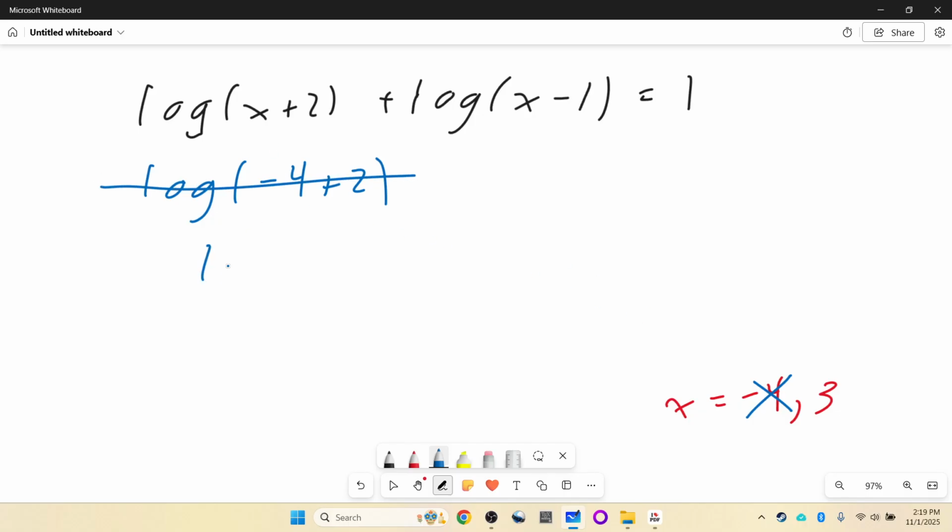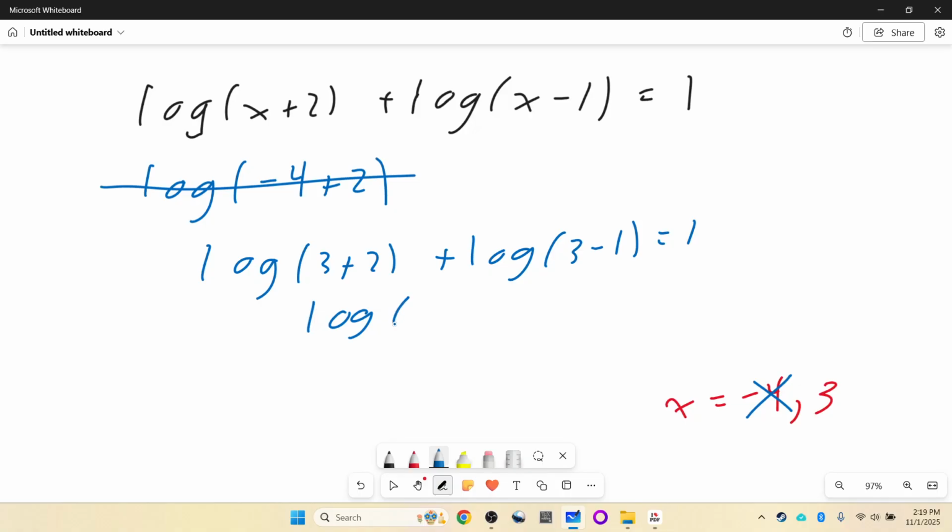But if we check 3, log of 3 plus 2 plus log of 3 minus 1 equals 1. So that's log of 5, plus log of 2 equals 1.